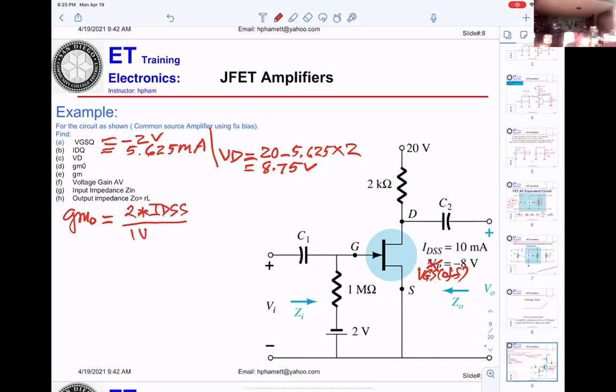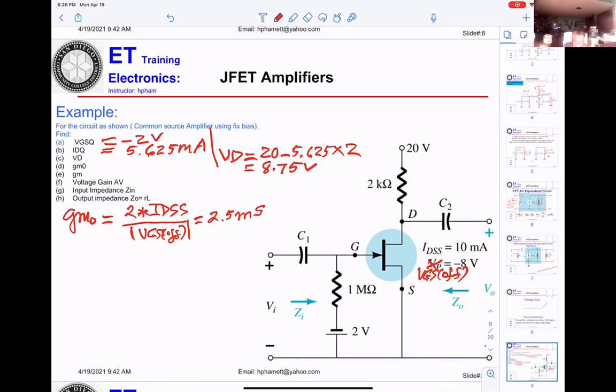I believe it's VGS off, because that's the anchor point for the curve. So GM0, who got it? 2.5. I got 2.5. 2.5 M, right?